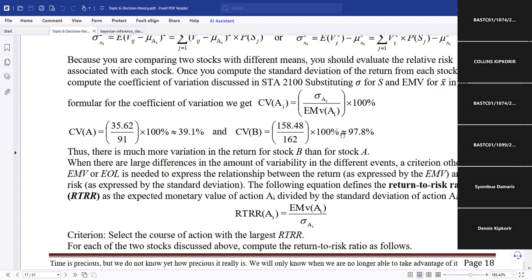Then, since we have these variations for the two stocks, we now compute the return to risk ratios.